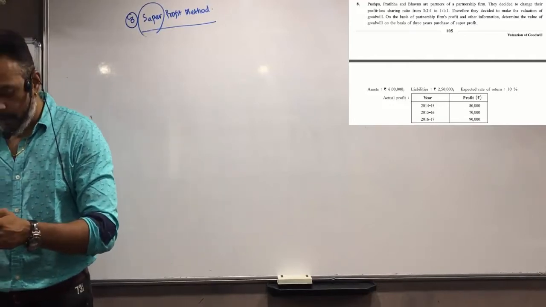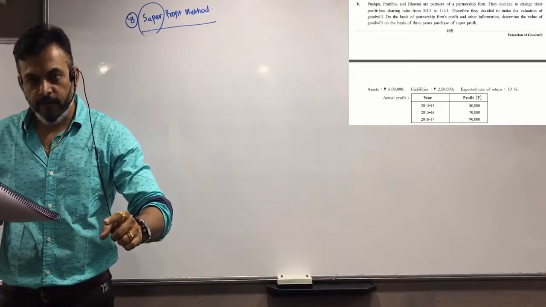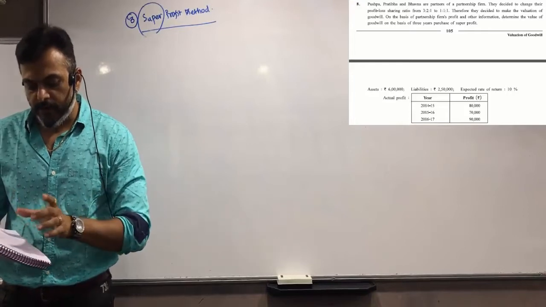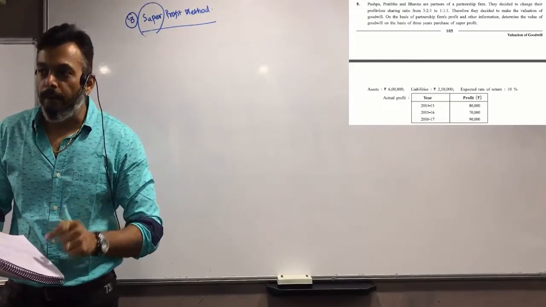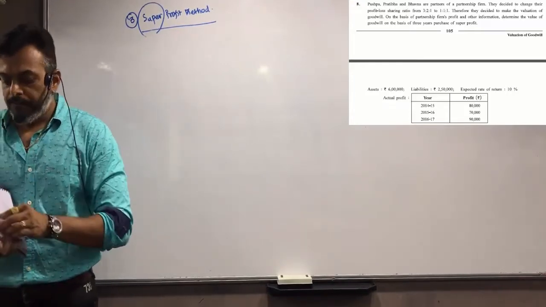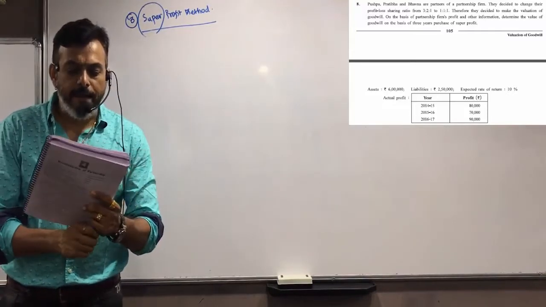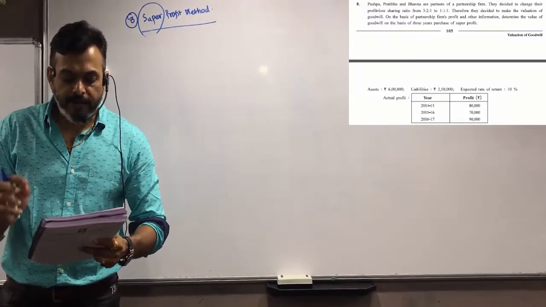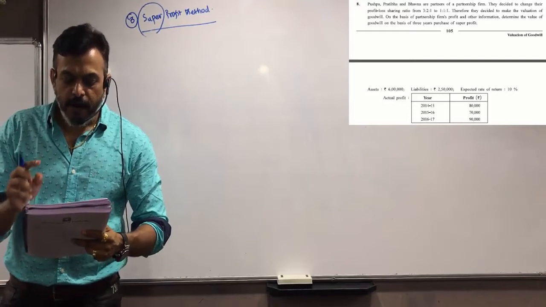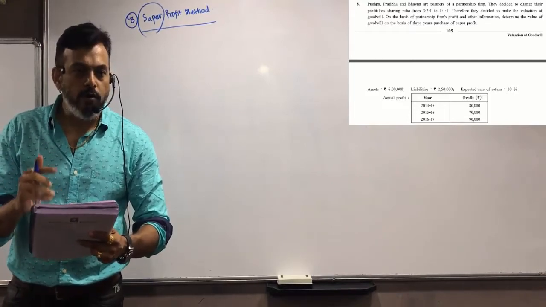Determine the value of goodwill on the basis of 3 years purchase of super profit. Now, assets are given, liabilities are given, expected rate of return is given, actual profit is also given.